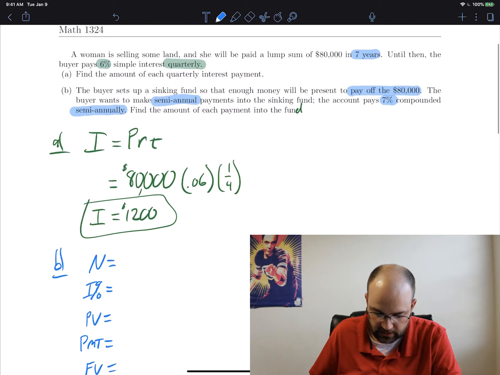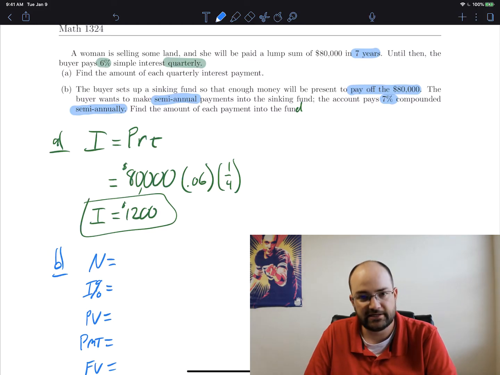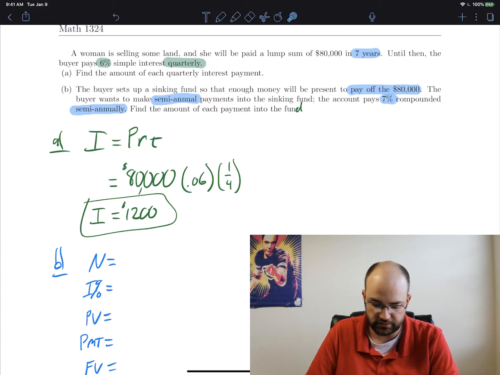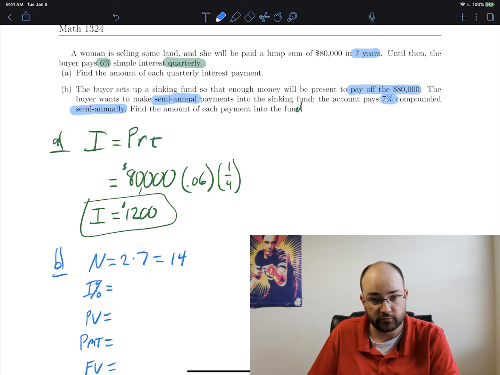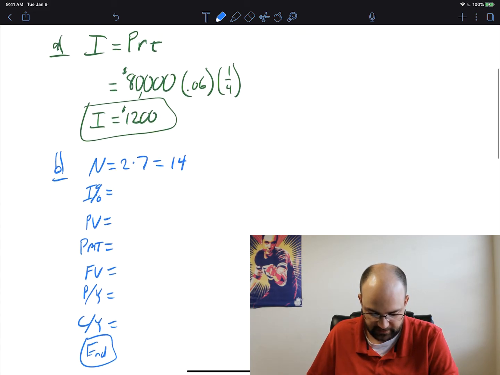Okay, so capital N is little n times t. Little n in this case, semi-annual compounding, means 2 times a year. And the number of years is 7. So 2 times 7 gives us 14. So there will be 14 payments.